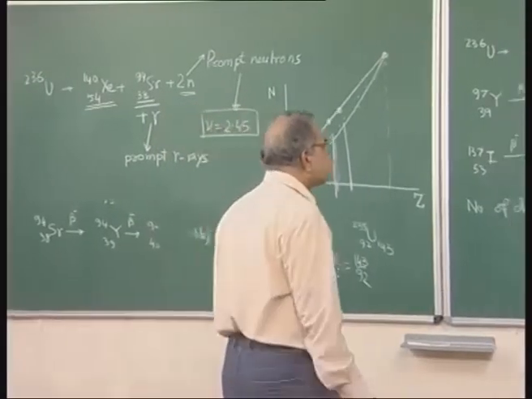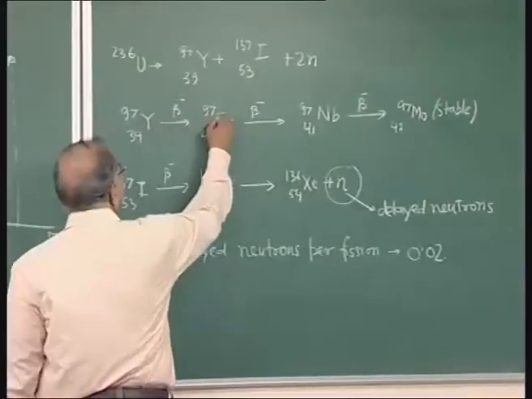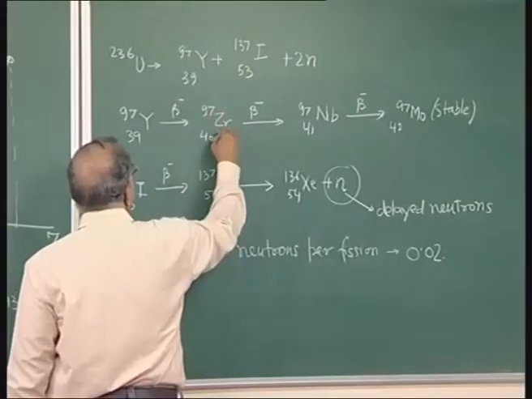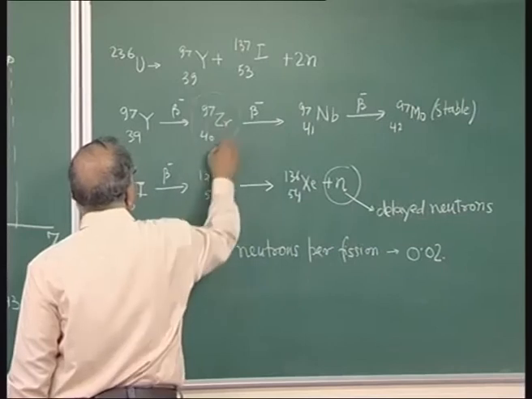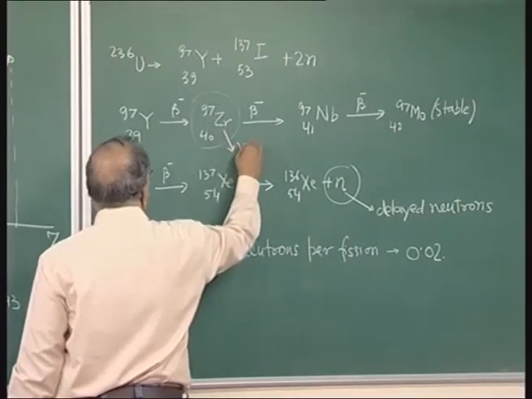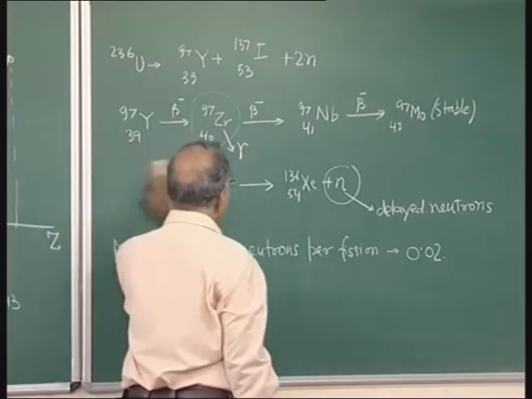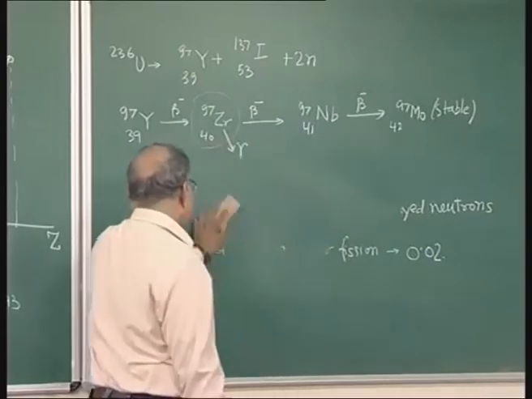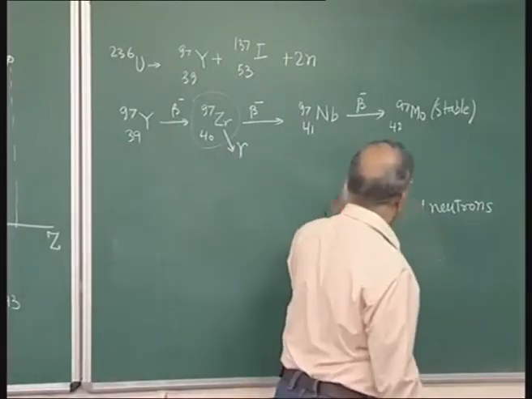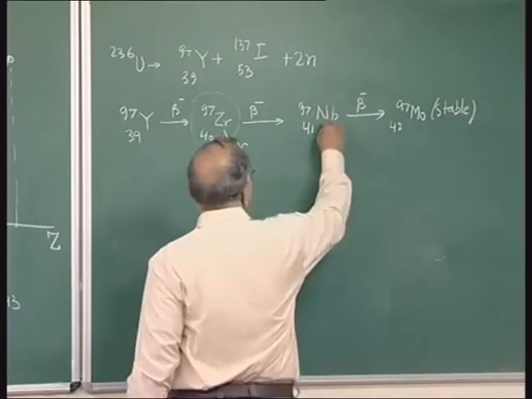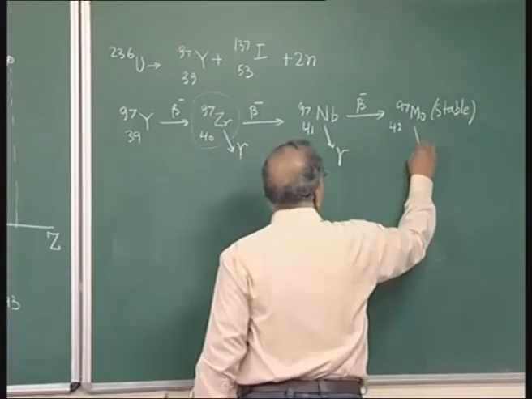So together with the beta, you also get gamma rays; after every beta you will also get gamma.